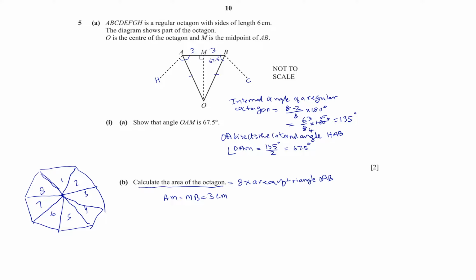So I need to find OM. So tan 67.5 degrees is equal to OM over 3. Therefore OM would be 3 multiplied by tan 67.5.